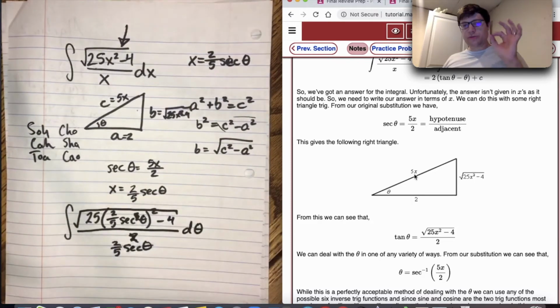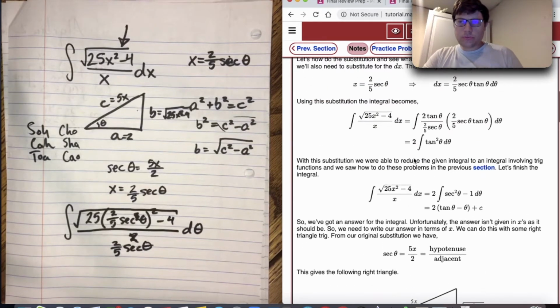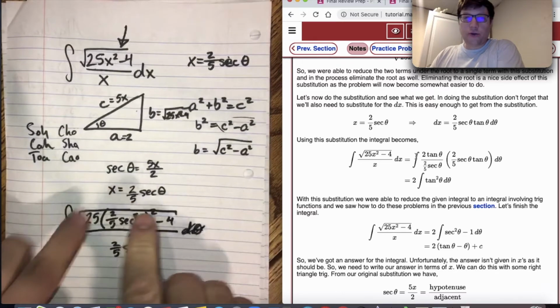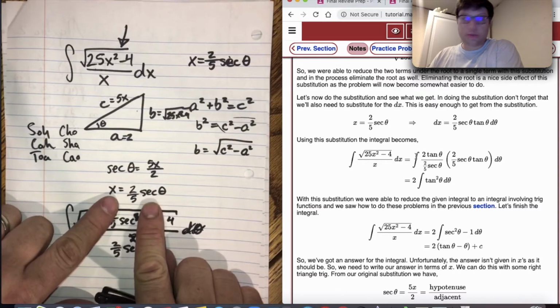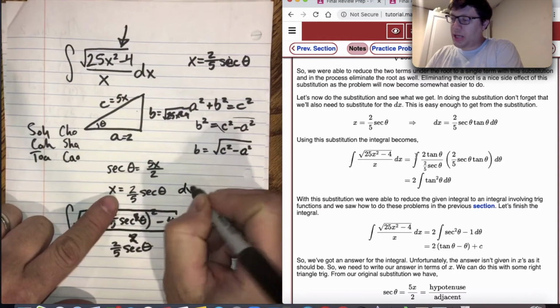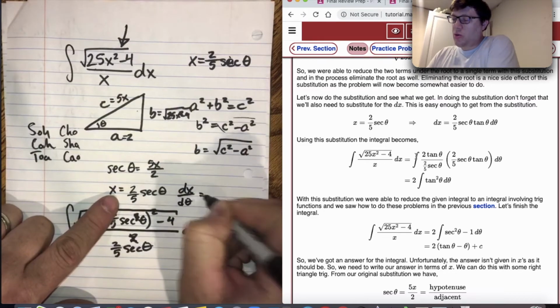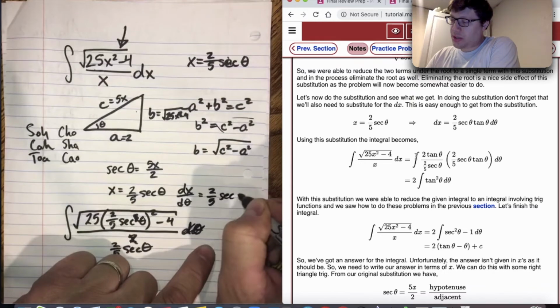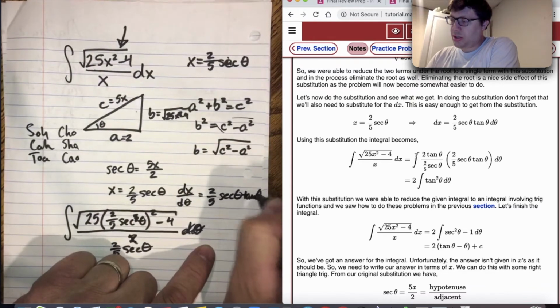Now there's a reason for it to become a d theta. Up above, they do something. So I'm actually missing another step. I need to differentiate both sides here with respect to theta. That makes dx d theta equal to 2/5 secant theta tangent theta.